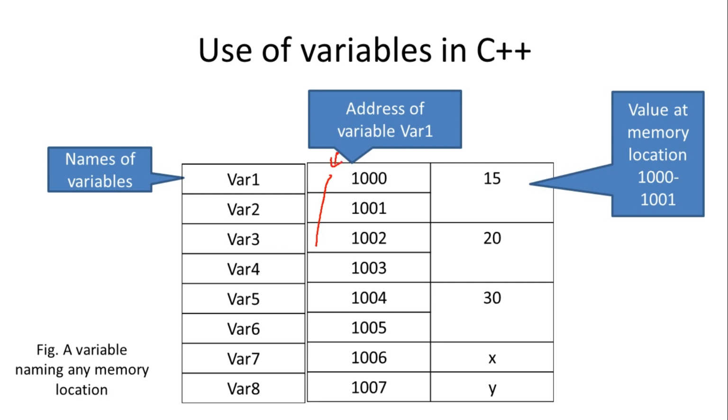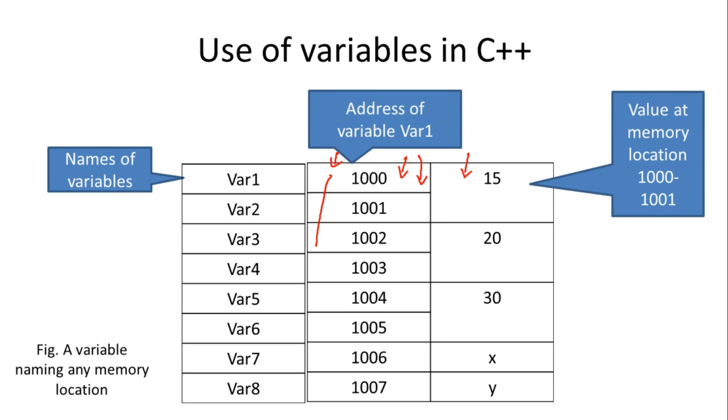Each location is denoted by an address. For example, this column will indicate the address that is given to a memory location. The second column will indicate the address of that location, and the value stored at that address is denoted by the third column.